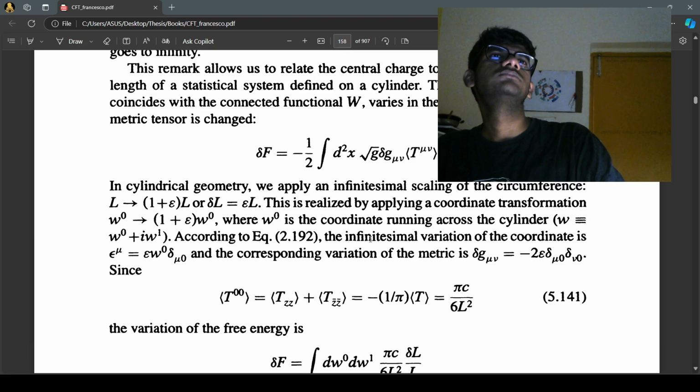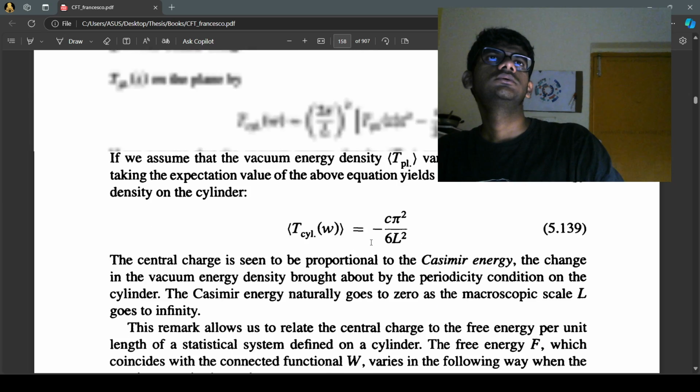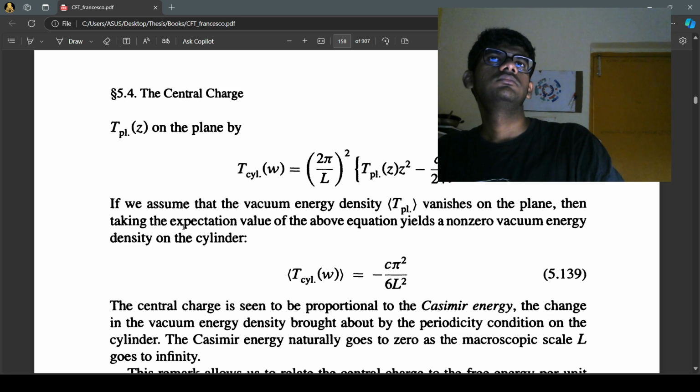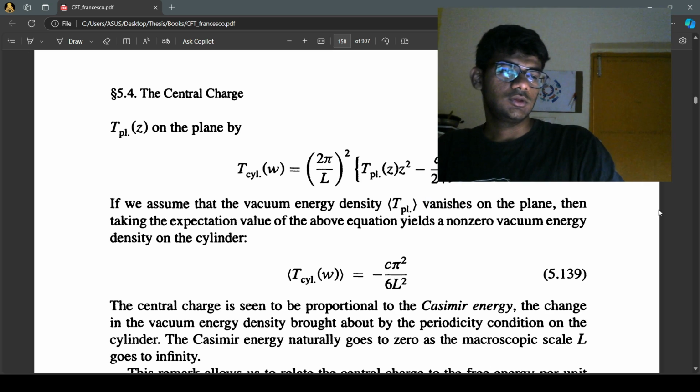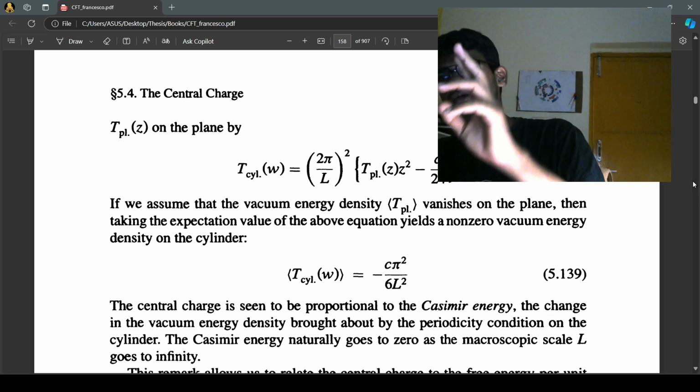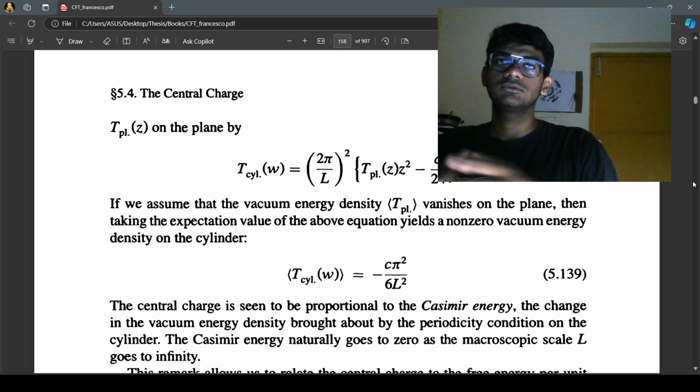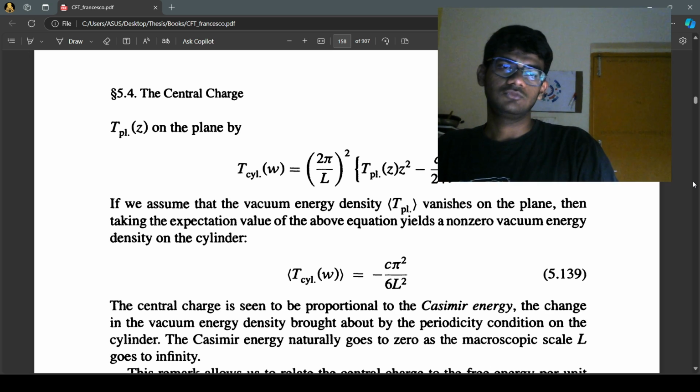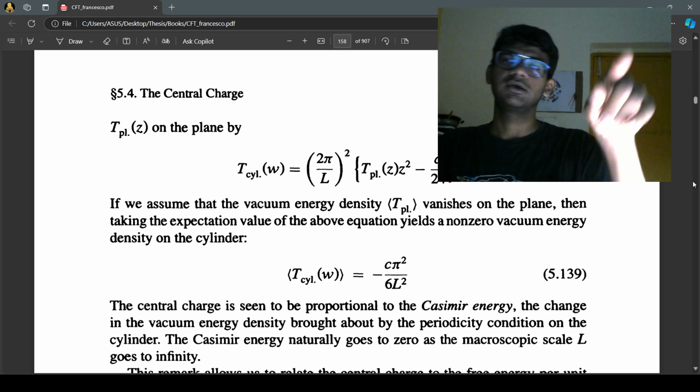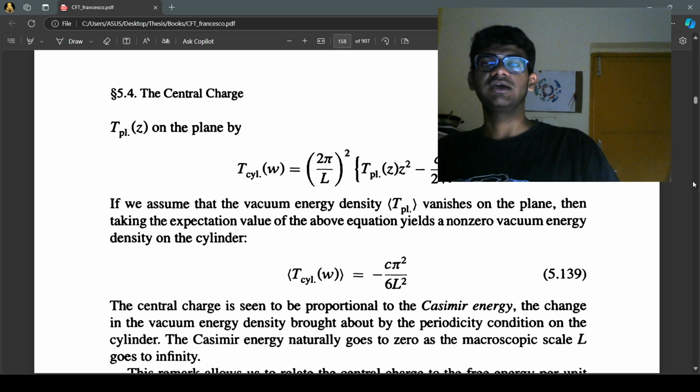I guess they're assuming, okay, basically vacuum energy density in the field. You have the vacuum expectation of the fields, which is just the correlation function, basically 1 by Z, the path integral of d phi e to the power minus S of phi, and phi itself.